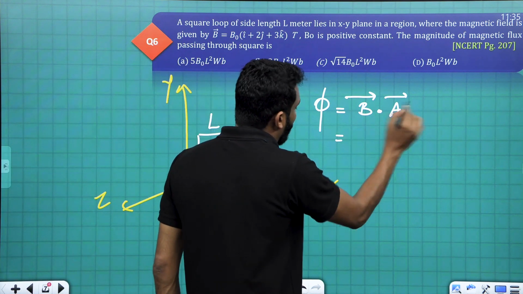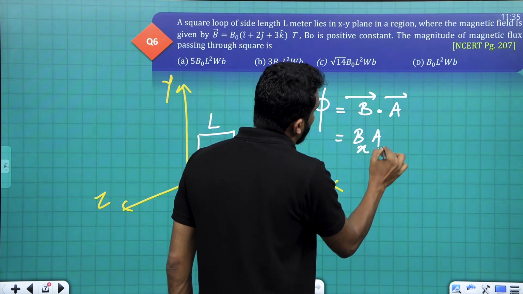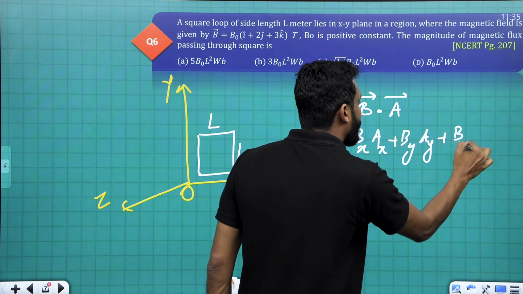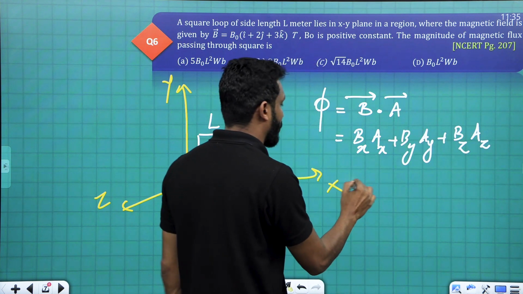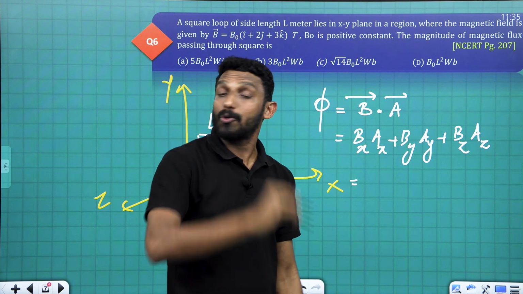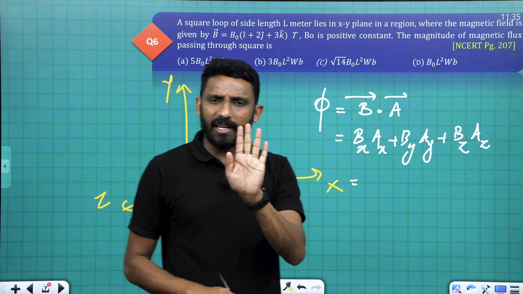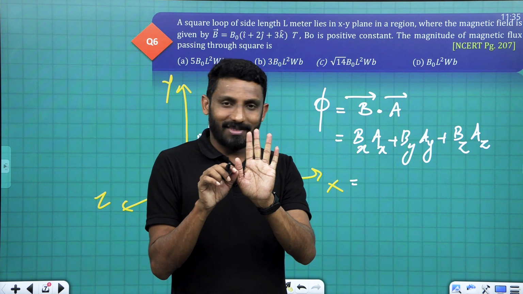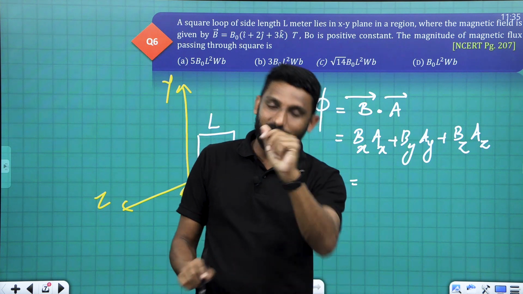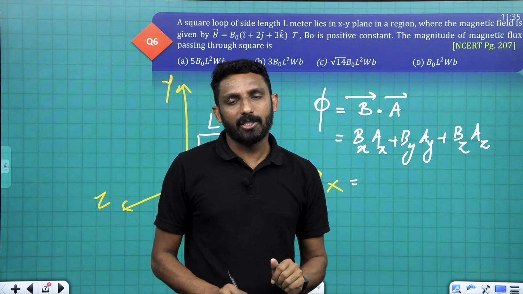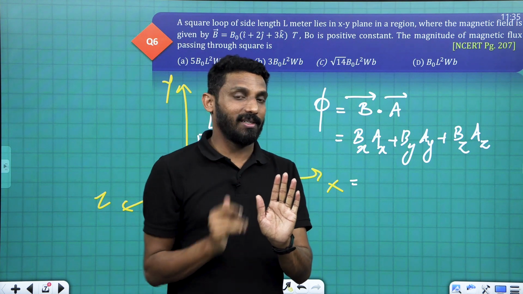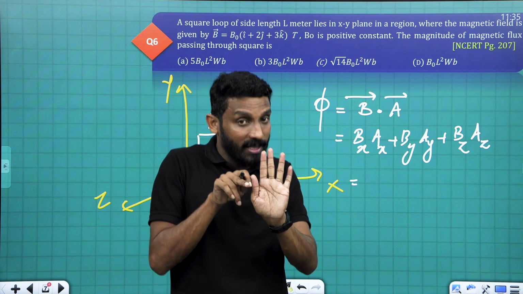Then we have its expansion as Bx Ax plus By Ay plus Bz Az. Okay, the expansion of a dot product. Here Ax and Ay are zeros because the area vector is only along z direction. There is no component along x direction for the area vector and also along y direction.